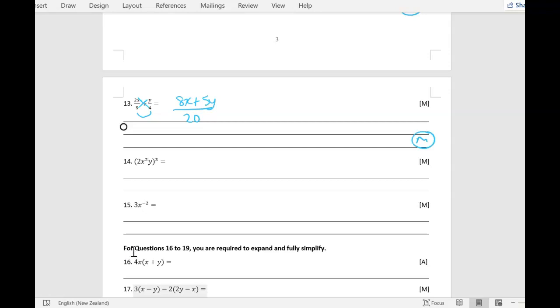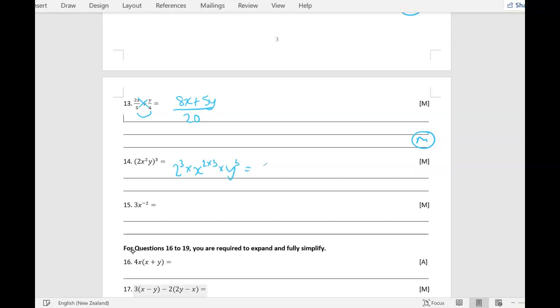We're now moving on to some exponent stuff. So we've got a bracket, and the key thing is the exponent is on the outside. So we're looking to multiply instead of add. So we're going to have 2 to the power of 3. Don't forget that 3 applies to each part. And then we've got 2 times 3, and then we've got y cubed.